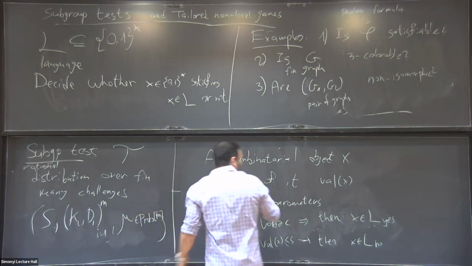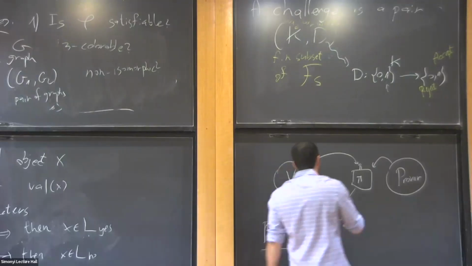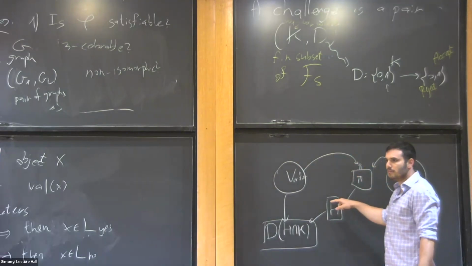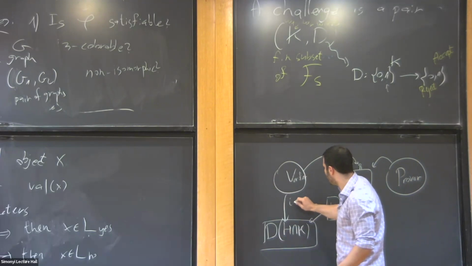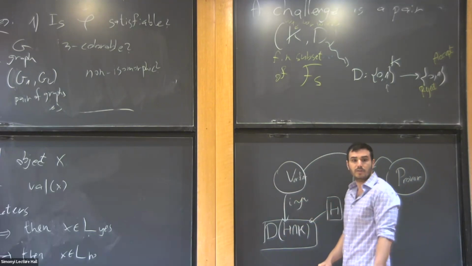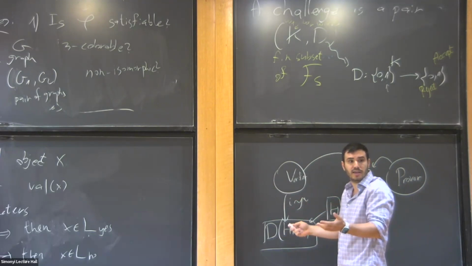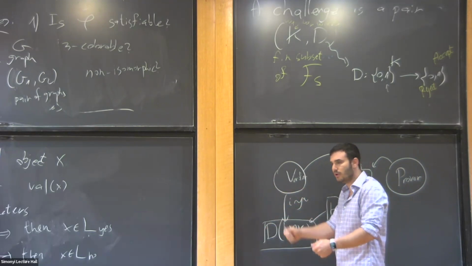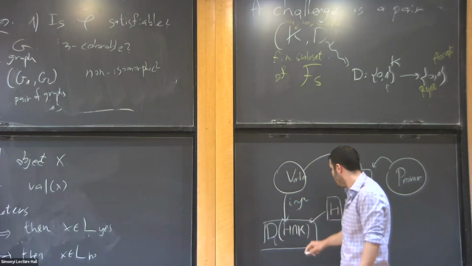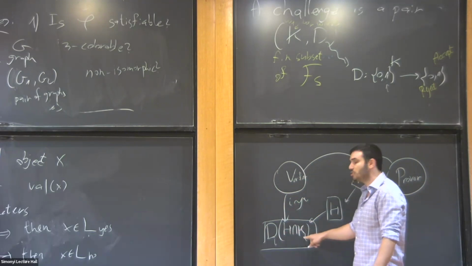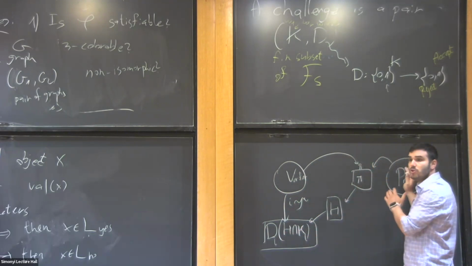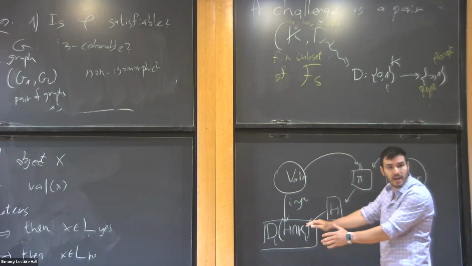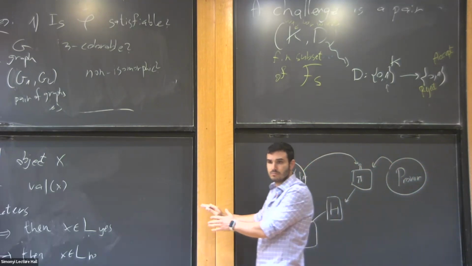But now it's not a single challenge like in this picture. The beginning is the same, but before I evaluate everything, I need to choose an i. So you sample i according to mu. And you don't evaluate D, because I don't have a single D. I have D1, D2, D3, D4. You evaluate D_i, the one that you sampled, of H intersection K_i. So now the prover genuinely doesn't know beforehand which challenge it will be compared against.